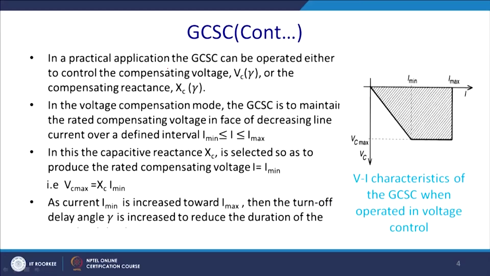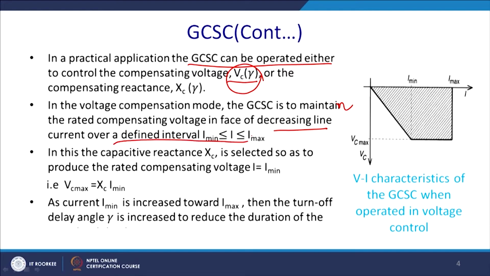In a practical application, the GCSC can be operated either to control the compensating voltage Vc or the compensating reactance. So, we can have both operations, and we can choose one of them. In the voltage compensation mode, the GCSC has to maintain the rated voltage in the face of the decreasing line current over a definite interval of time.